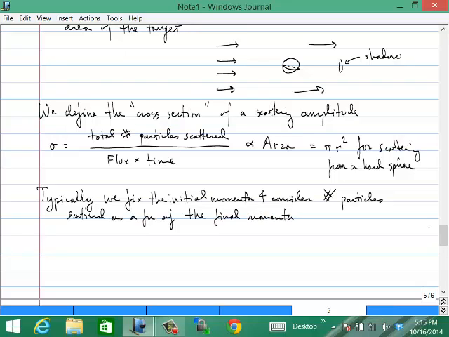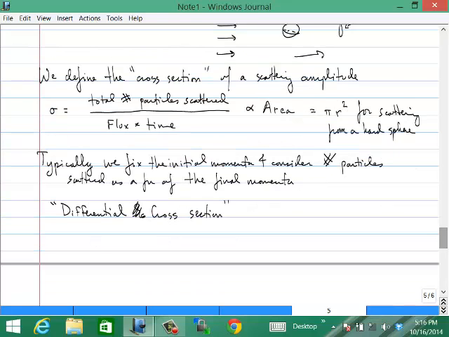So that means that we're interested not so much in the total scattering cross-section, but what is known as the differential scattering cross-section, as a function of the initial and final momenta.